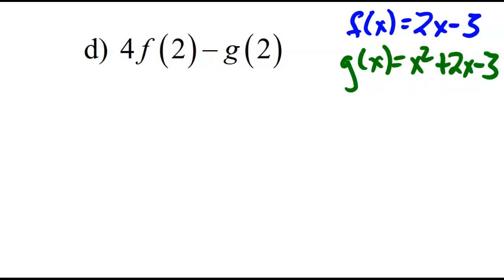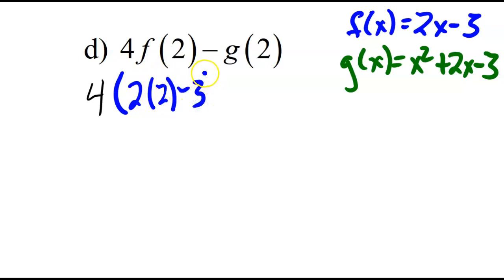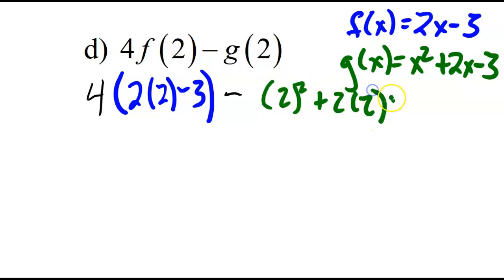So one way you can obviously do this is just do 4 and then just put everything in one big string. So 2 times 2 minus 3, putting in 2 for x, minus 2 squared plus 2 times 2 minus 3.